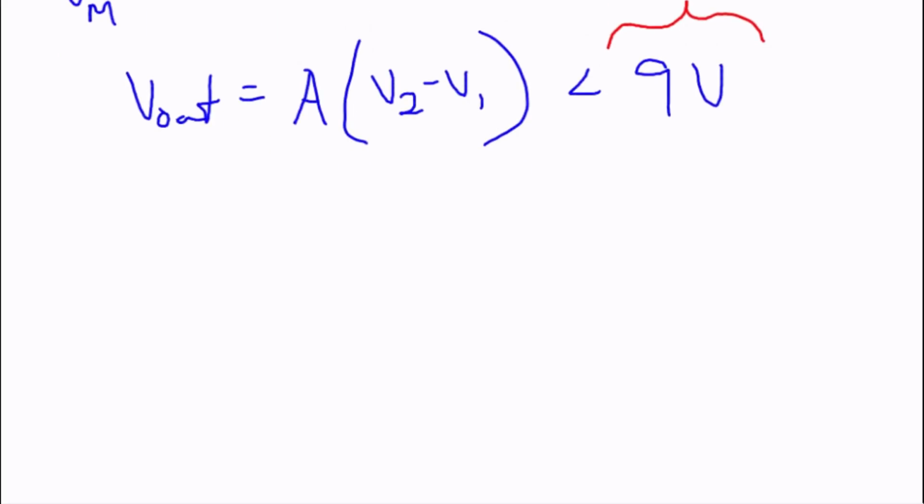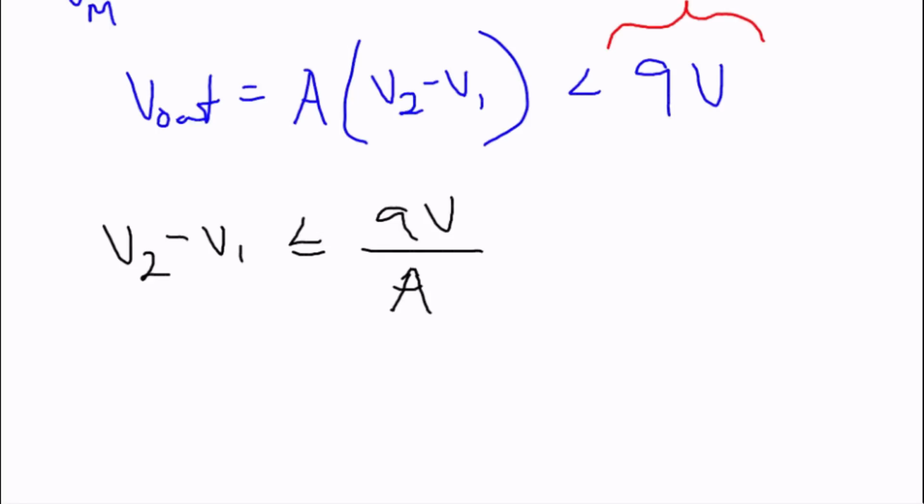So for our example, to solve that problem, our appropriate maximum voltage difference, which is our V2 minus V1, must be less than, we'll say, or equal to 9 volts divided by that amplification, where the amplification is, we'll go ahead and sub it in, 80,000 as given to us in the problem.